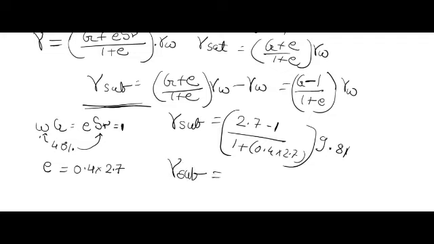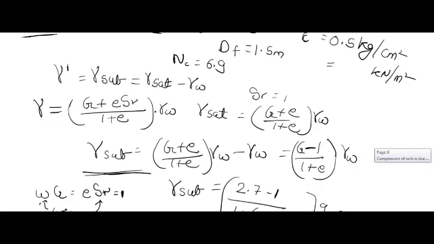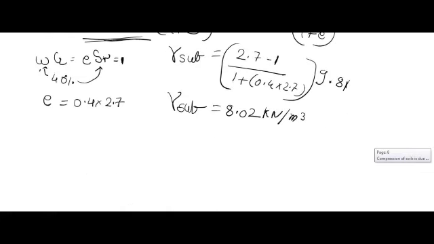After calculating this, gamma submerged comes out to be 8.02 kilonewton per meter cube. Okay, so we found the gamma submerged.